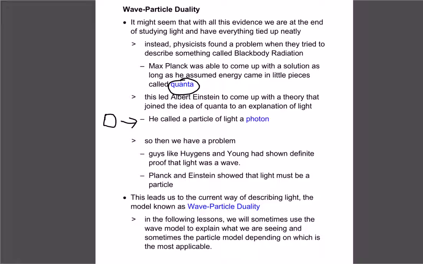Then, when we get to the next chapter, we're going to look at more of Einstein's and Planck's ideas, and we're going to look at light being particles. So today's current way of doing it is we say light is actually a particle that travels in a wave pattern, is typically how we think of it now. And that's all.